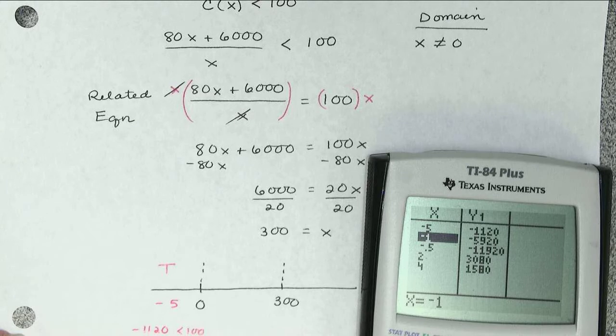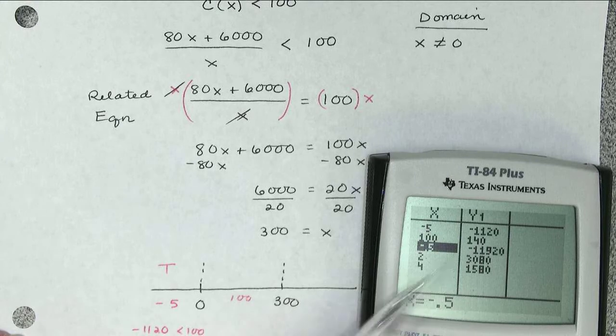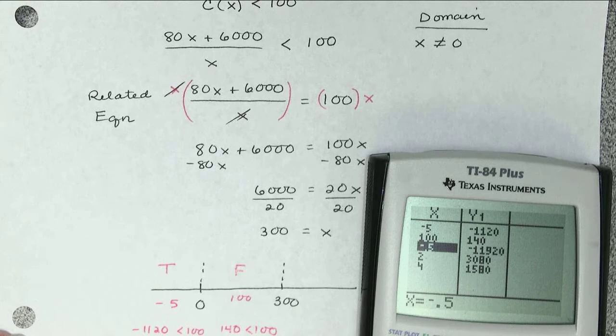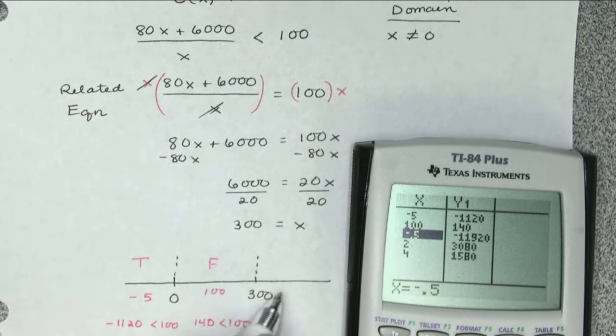Something between 0 and 300, maybe I'll pick 100. Gives me 140. Again, I wanted that to be less than 100, and that's not. That one's false. And then finally, maybe pick 400 over here.